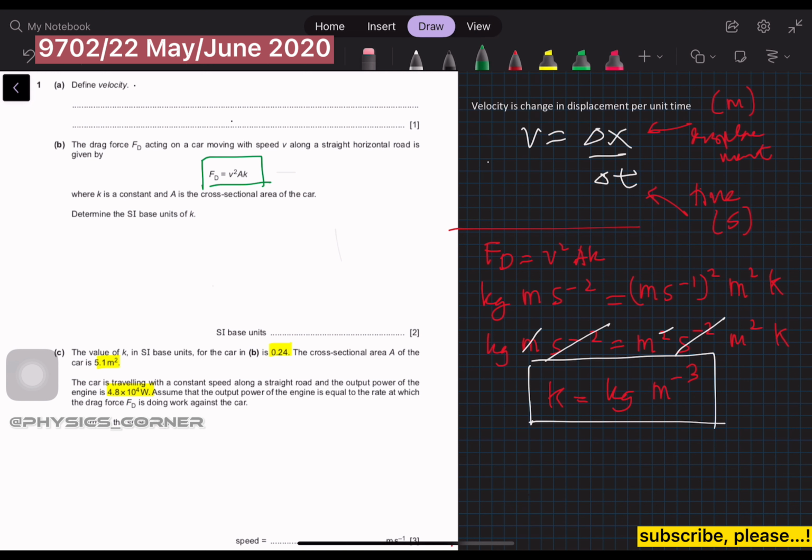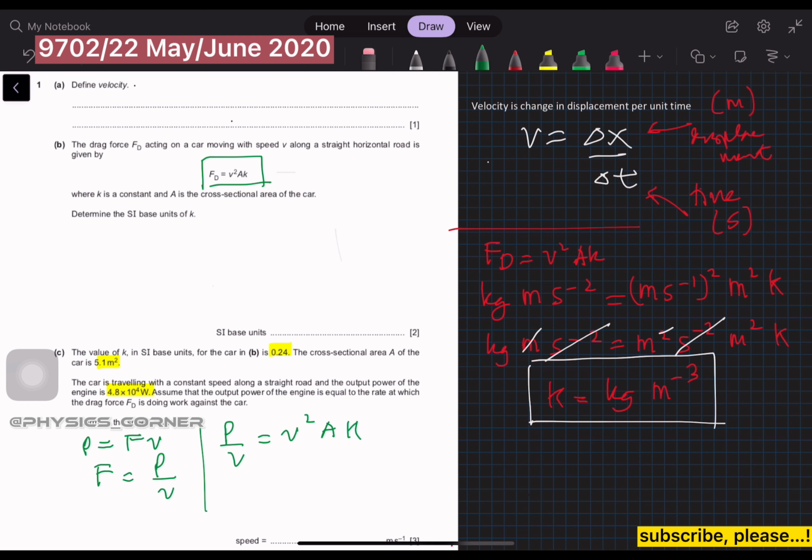Power is force times v, so force equals P divided by v. So from this equation, Fd we change to P over v, equals v squared A k.